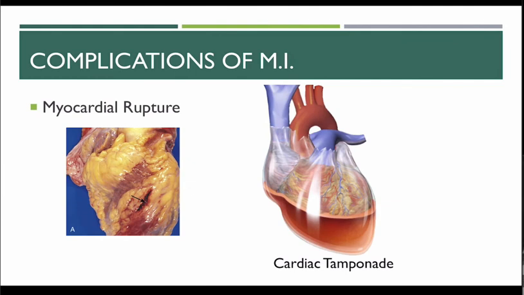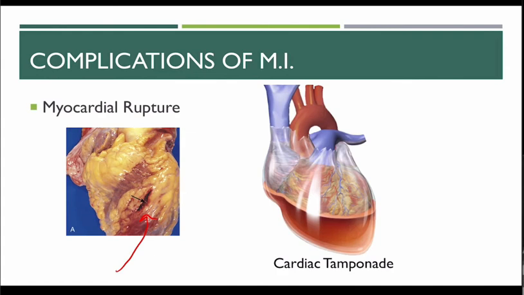A huge fear and negative is the possibility of experiencing a myocardial rupture. And you can see that evidenced here from this individual who died from it. About 1 to 5% of myocardial infarctions will experience a rupture. It's almost always fatal when it occurs. The timing of this kind of matches the point of greatest weakness.